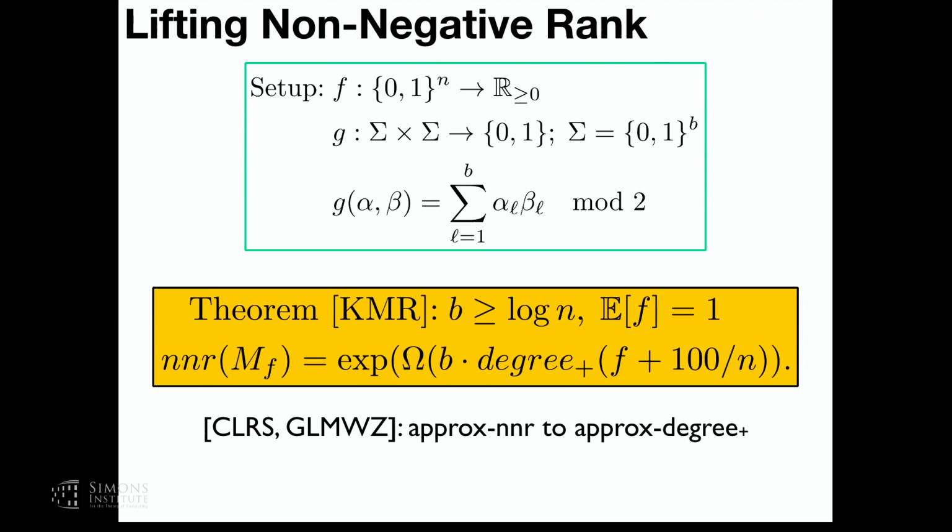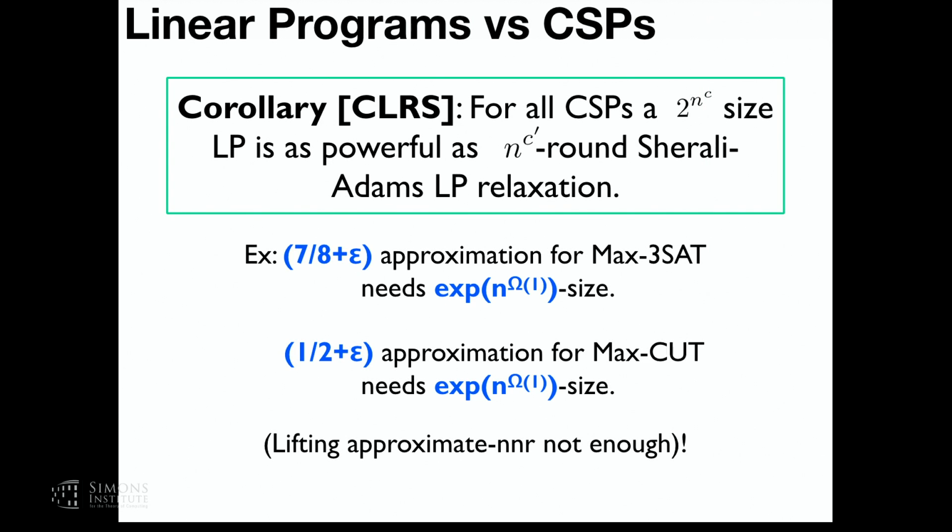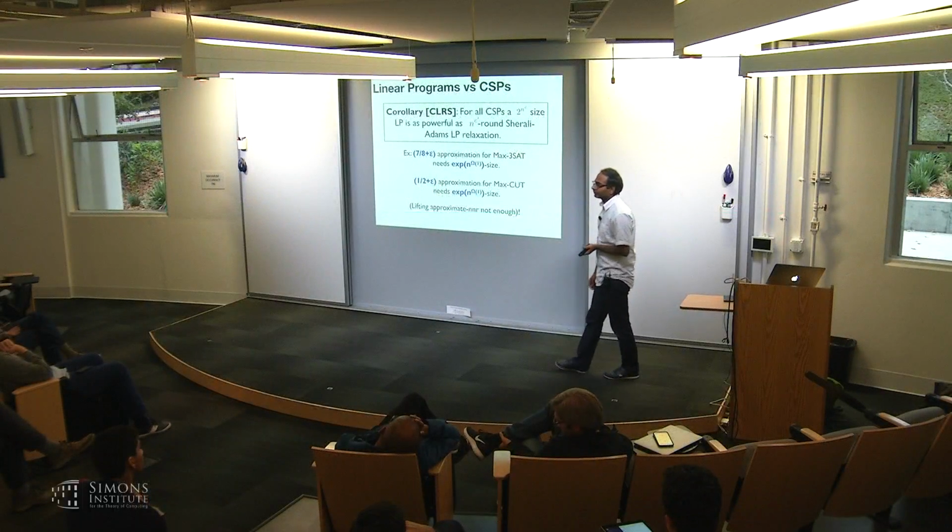Okay? It's a similar characterization, similar lower bound on the approximate non-negative rank of a matrix in terms of the approximate degree of the function. Okay? So you start with something weaker and also end up with something slightly weaker. So, yeah. So here the difference is the approximation is very controlled, like you're just adding.